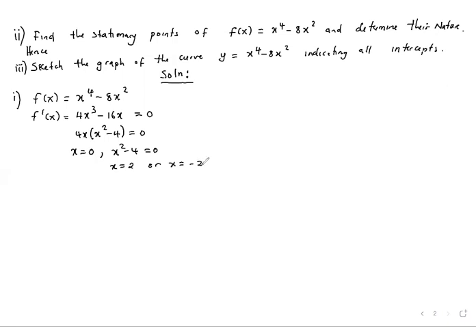So these x equals 0, x equals 2, x equals negative 2 are the critical numbers. So if you take 0, you take it in f. You find the value of y that corresponds to 0. 0 power 4 minus 8 times 0 squared will give us 0.